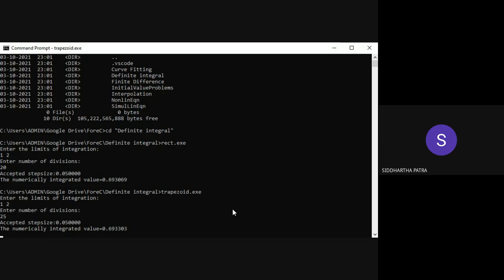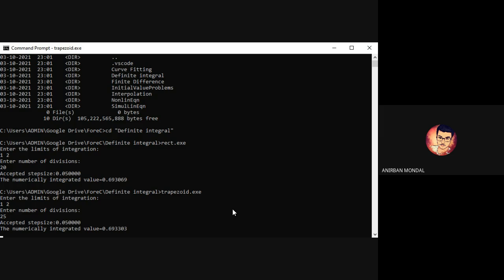So in one case it is 0.693069, in the other case it is 0.693303. However, the actual value is 0.693147, which is kind of halfway between them. And by no means can you claim that the trapezoidal rule, having a linear profile, gives you more accuracy.